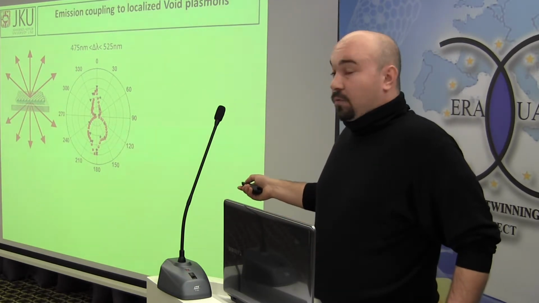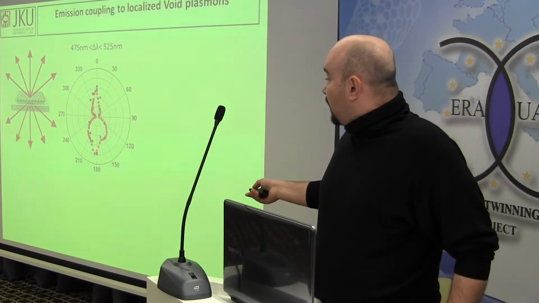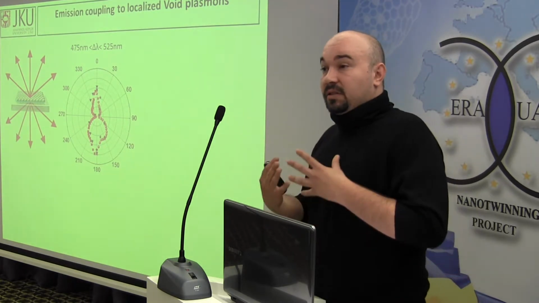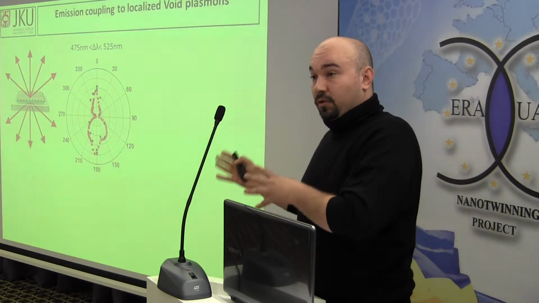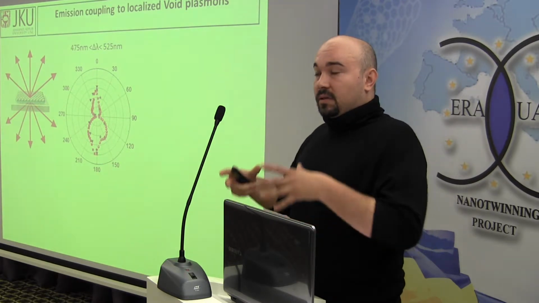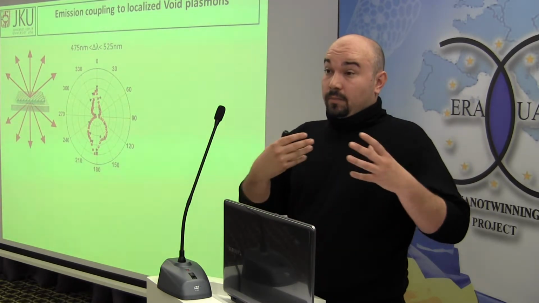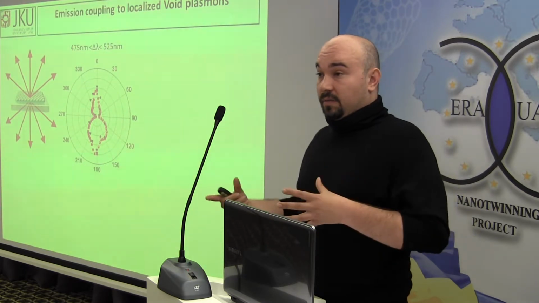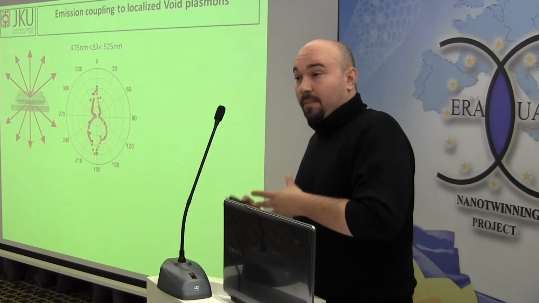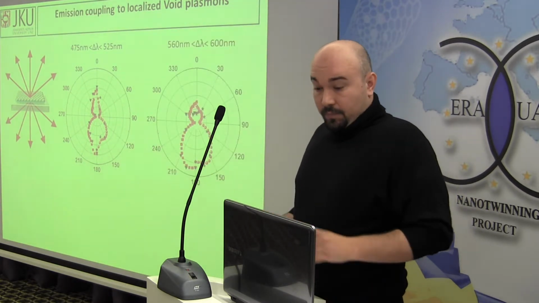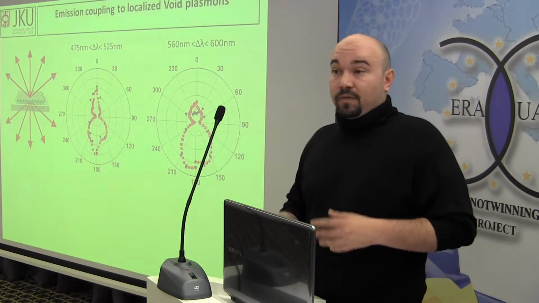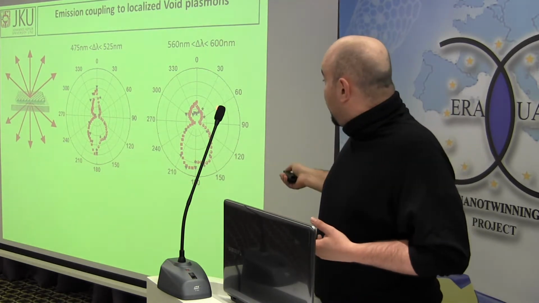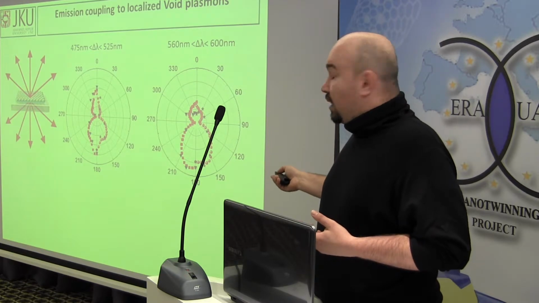One deviation comes because of the silver caps, and the second is that we still have the strong coupling to the photonic crystal modes, but now our void plasmon also exhibits some multiple modes in the void, and the P polarization can couple to it.